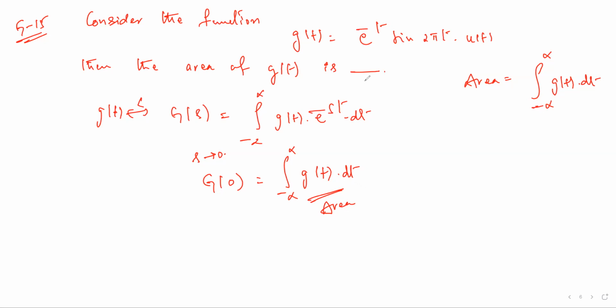What is the Laplace transform of sin omega t u of t? We know that. It is omega by s square plus omega square. Then it is multiplied with e to the power of minus t.